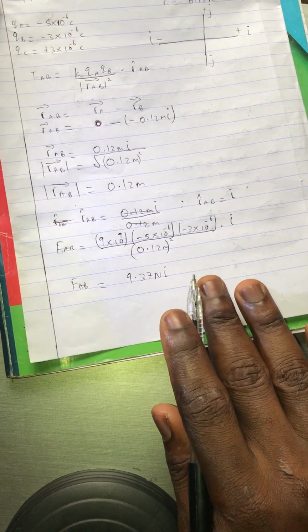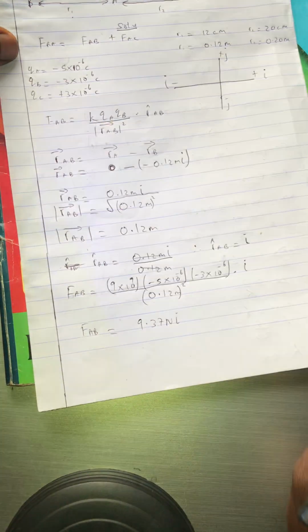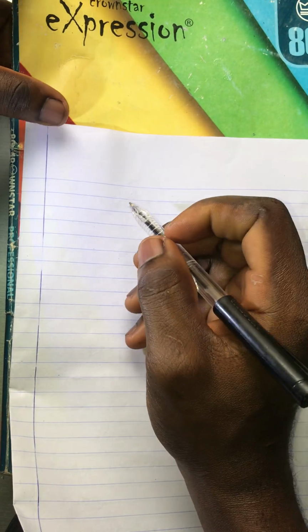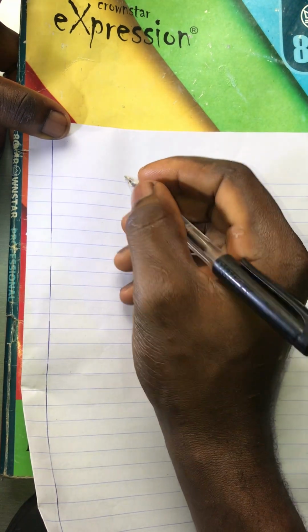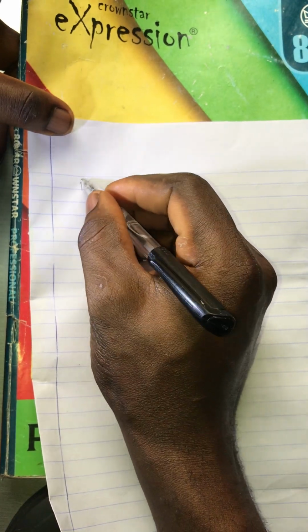So the next thing is, let's find the force of AC now. To find it, this is what we are using. We are going to still use our force AC.